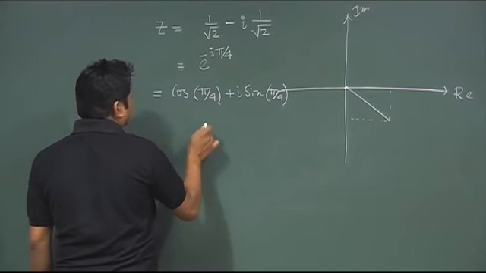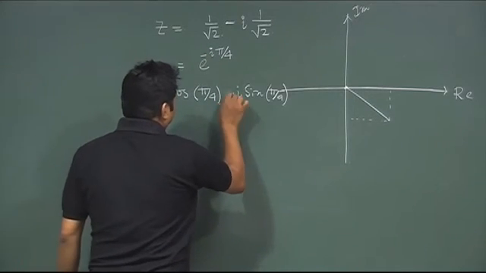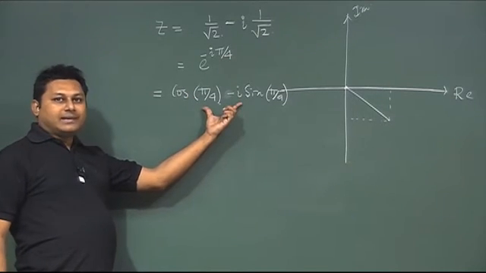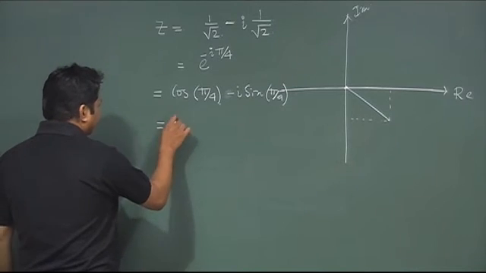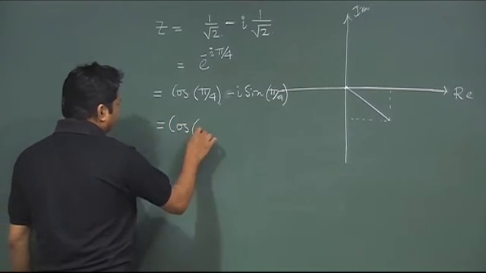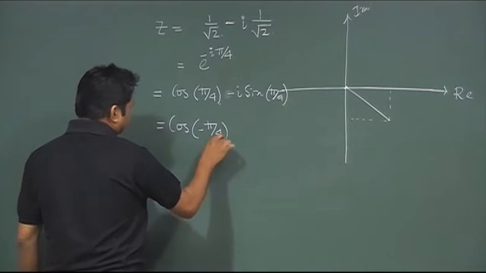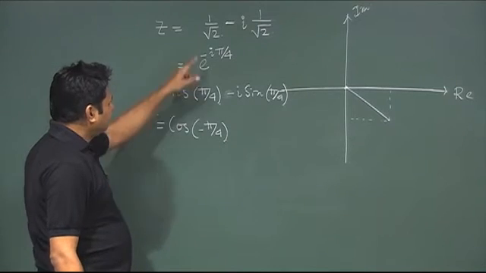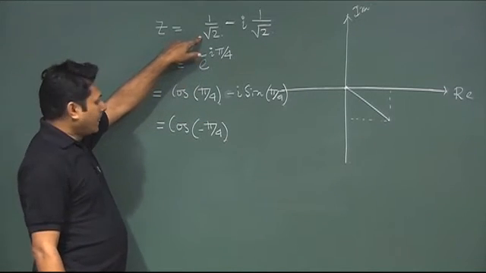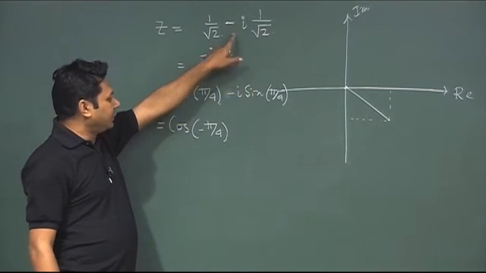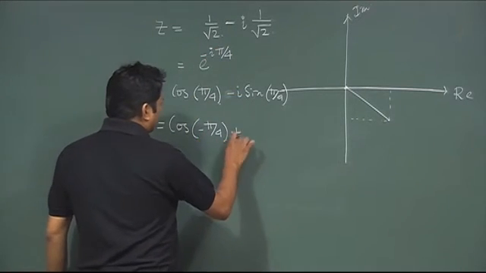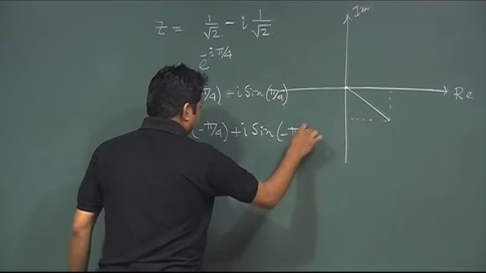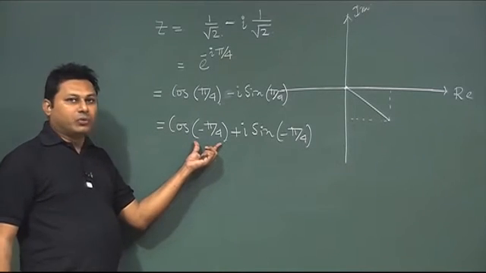I should put a negative sign here, so that this becomes negative. I can write this equation as cos of minus pi by 4, cos 45 degrees, which is 1 by root 2, and sin 45 degrees is also 1 by root 2, but the negative sign I am taking care of this way, so that my theta becomes minus pi by 4.